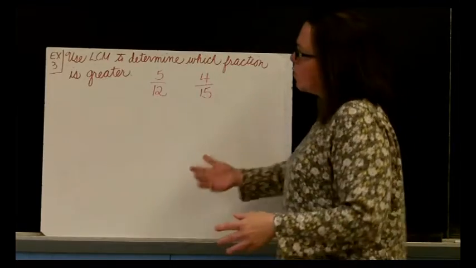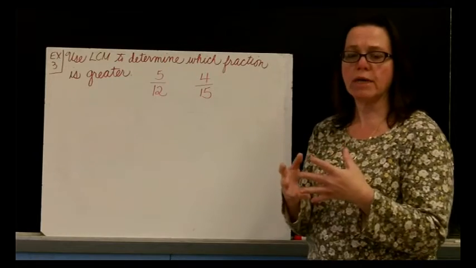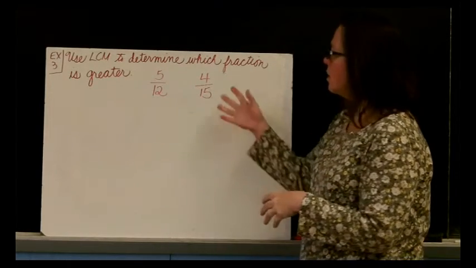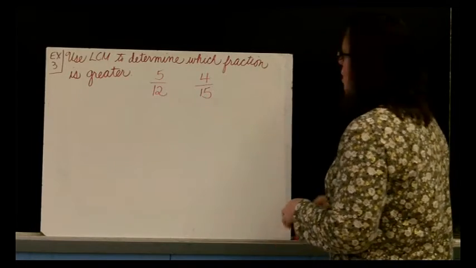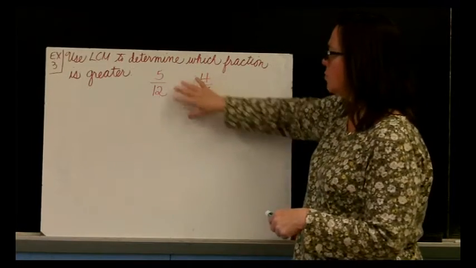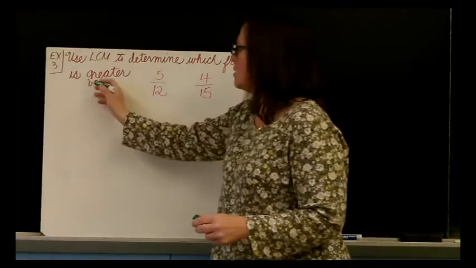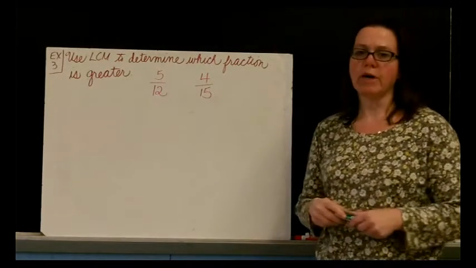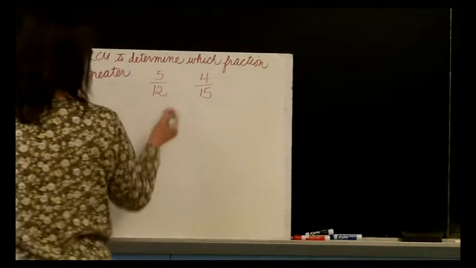Now we're going to take what we just learned about obtaining the least common multiple of two numbers and apply it to comparing fractions. Here we have to compare 5/12 and 4/15 and see which fraction is the greater. So the way that we do that, following the steps, is we take our denominators.